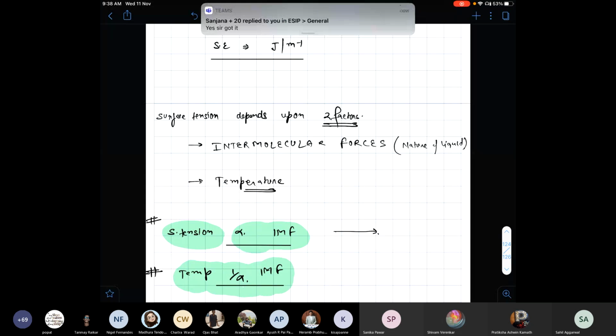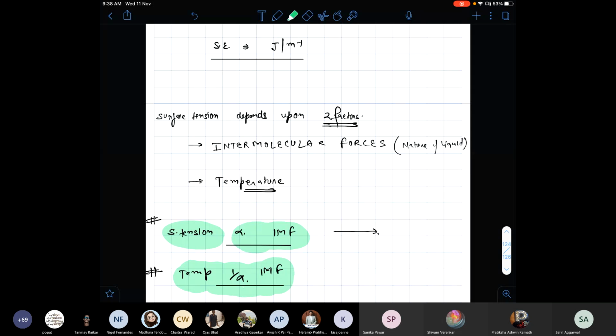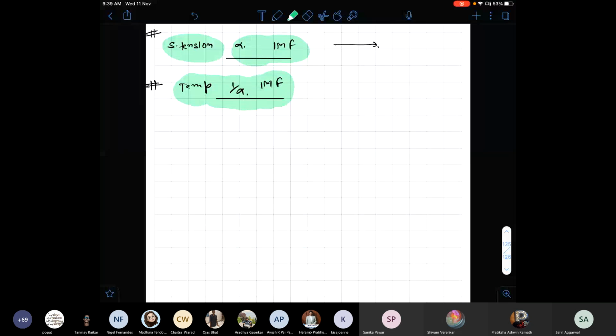Anyone know what is glycol? Does anyone know what glycol is? Ethanol. Glycol. Glycerol.